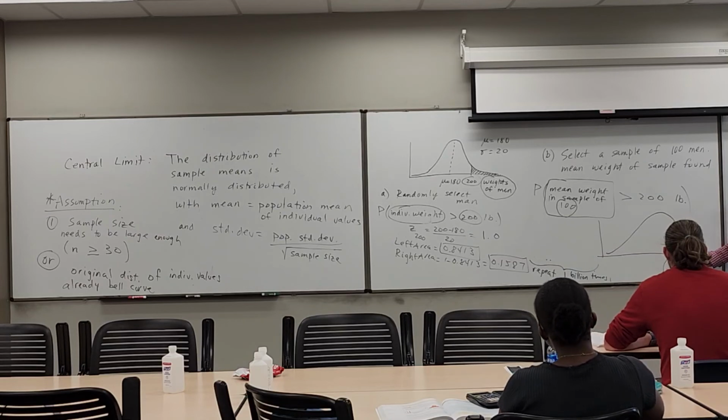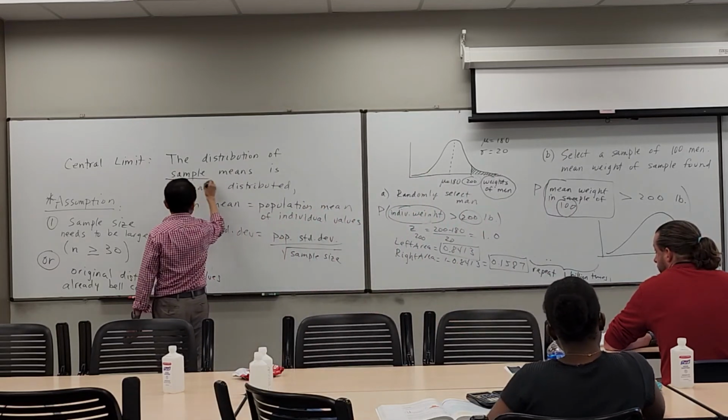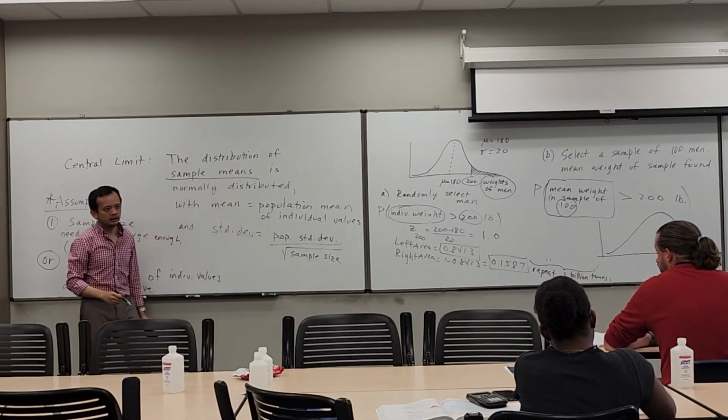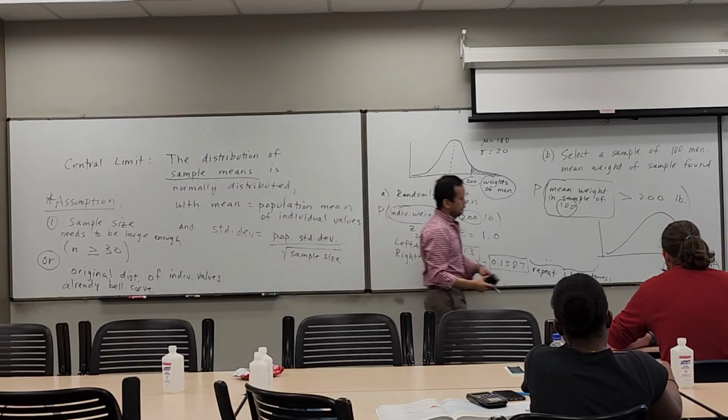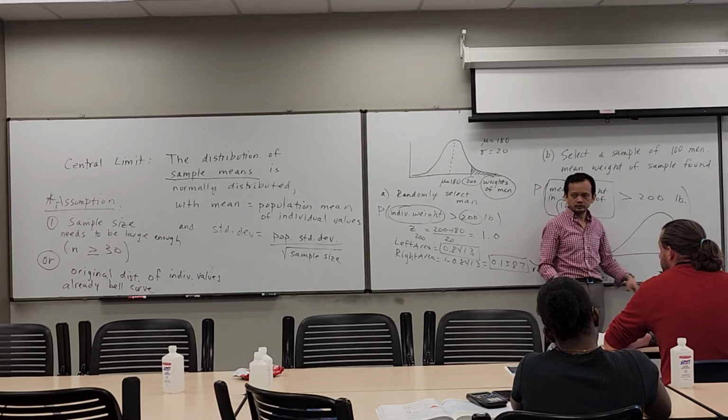So this comes directly from the central limit theorem. The central limit theorem tells us that the distribution of sample means is normally distributed. And that's exactly what our variable represents here. It's a sample mean, or a mean value in a sample of a certain size.